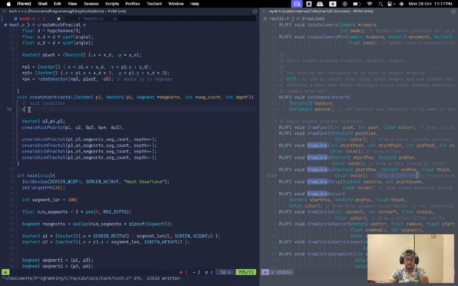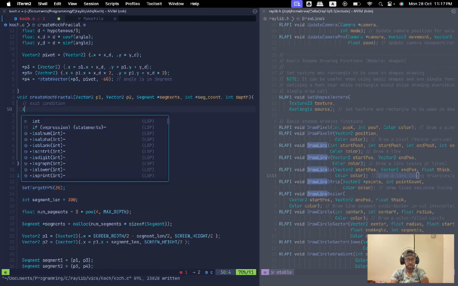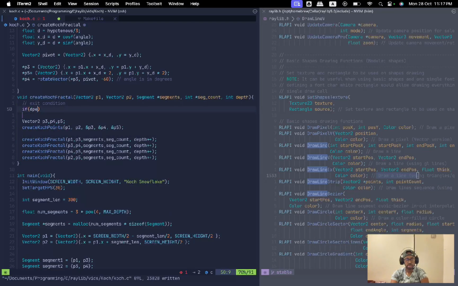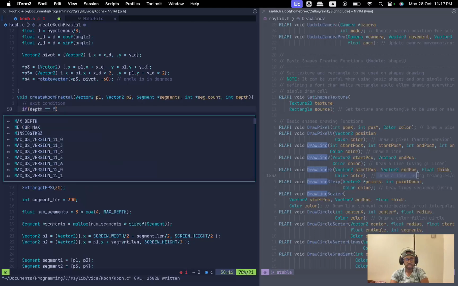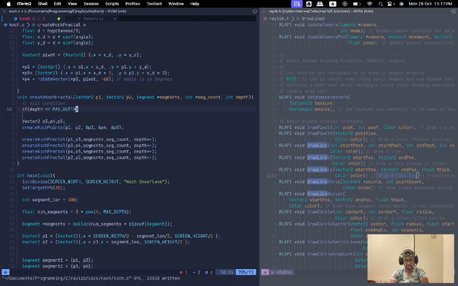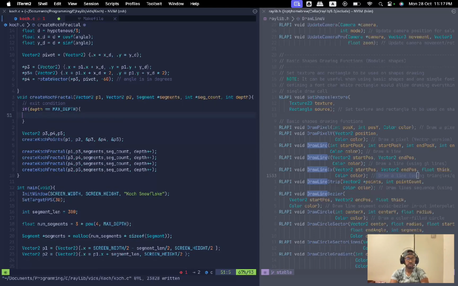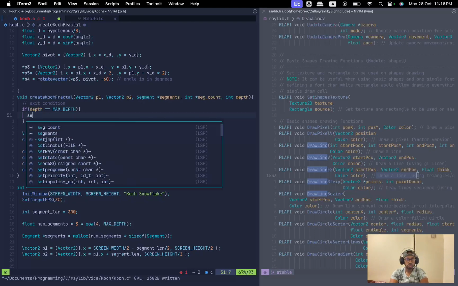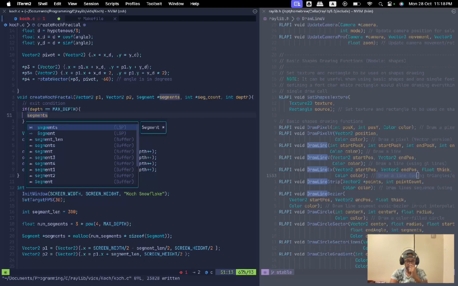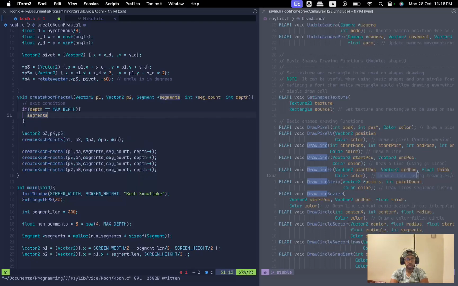So if depths equals max depths, when the depth is equal to the max depth, for a given segment, number one, what we want to do is we need to add that segment.